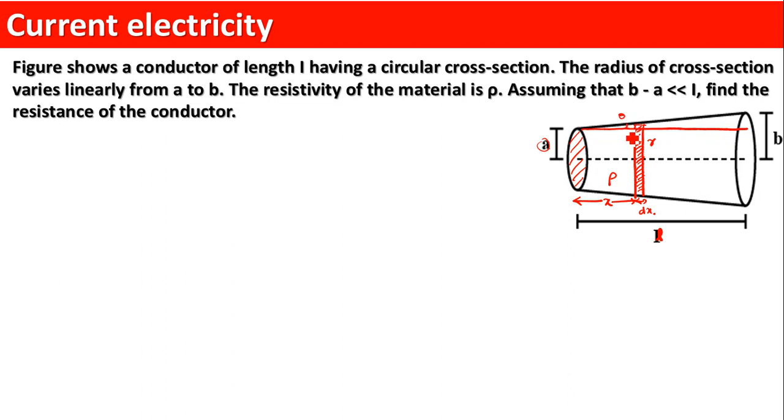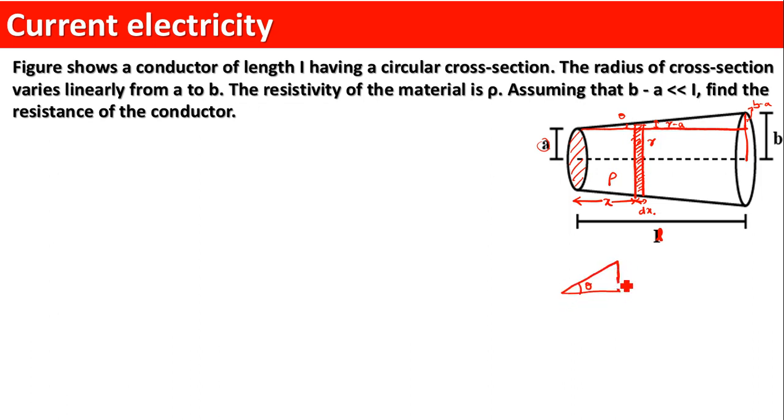If the total distance is r and this distance is A, then this will be r minus A. And what about this other distance? The total distance is B, out of which I am reducing A, so this will be B minus A. Now, if I consider a triangle, this is very small, but let me extend it a little bit so that you can see it clearly.